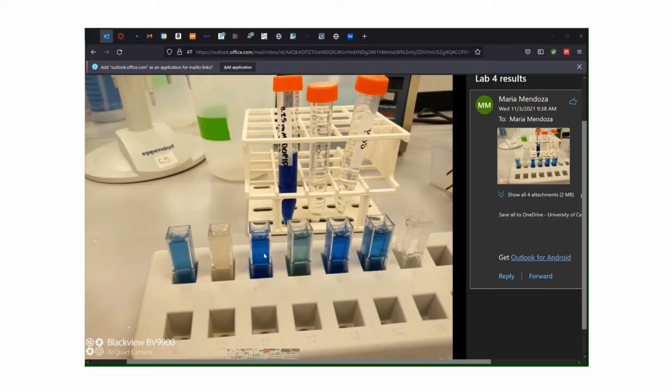And the way this assay works is, if we have succinate dehydrogenase activity in one of these fractions, then we would expect the color to go from blue to clear. Okay, and if it goes from blue to clear, that means that you have succinate dehydrogenase activity.